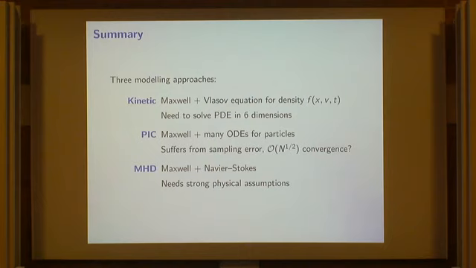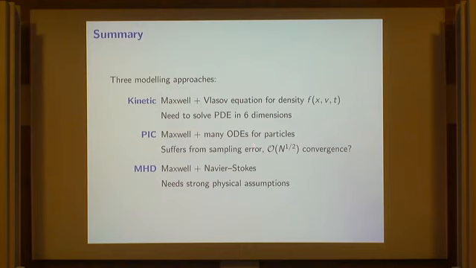For this PIC, you need a lot of particles. I have not seen a lot of analysis on it, but it is more or less like a Monte Carlo method, in that you put your particles in there, you evolve it, and you look at the distribution of particles.